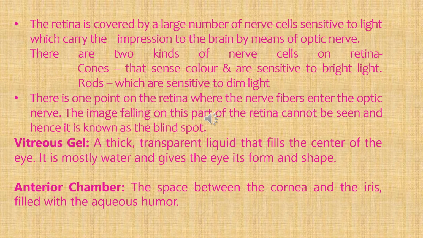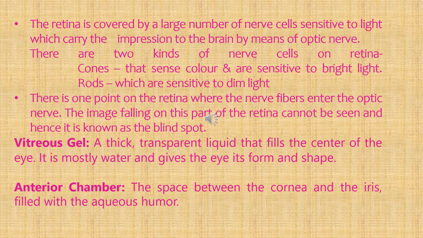The retina is covered by a large number of nerve cells. There are two kinds of nerve cells, one is the cone, another is the rod. The cones are sensitive to color and bright light, whereas the rods are sensitive to dim light. Based on the number of cones and rods, we are able to see the object clearly.